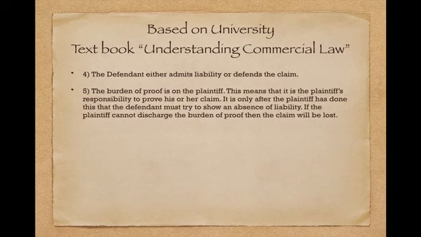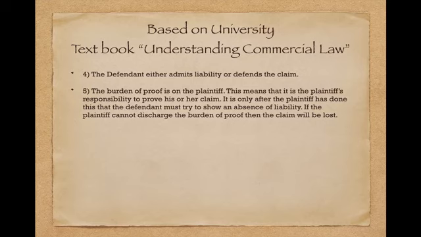The burden of proof is on the plaintiff. So when we're in the private, the burden of proof is on us to make sure that any claim that we make, we have the proof for it. This means that it is the plaintiff's responsibility to prove his or her claim, and it is only after the plaintiff has done this that the defendant must try to show an absence of liability.